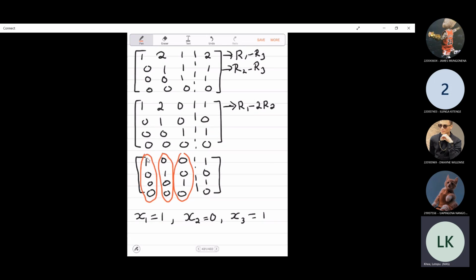So you want a unit column matrix where there's only one 1 in that column and all the other elements are 0. And then you count how many of those you have. So over here I have 1, 2, 3. So this one will have a rank of 3.